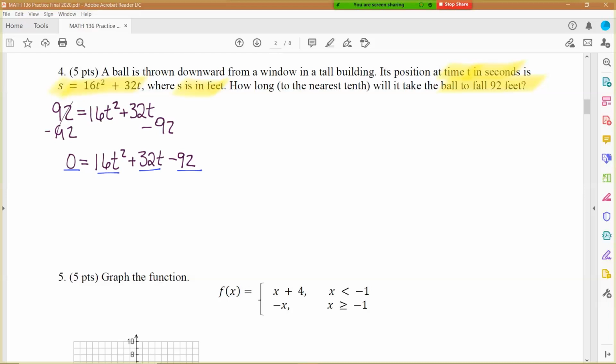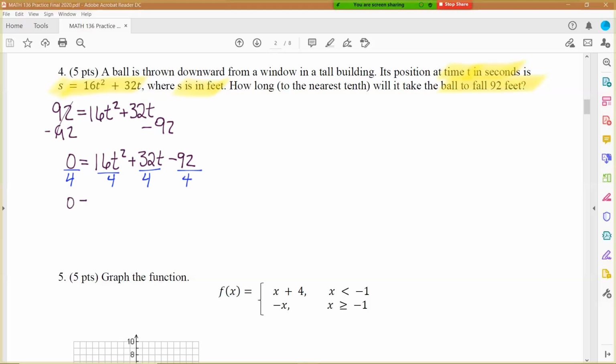I would check 4, just to make things easier. So I would try to divide everything by 4. Again, that just makes smaller numbers for you to look at.